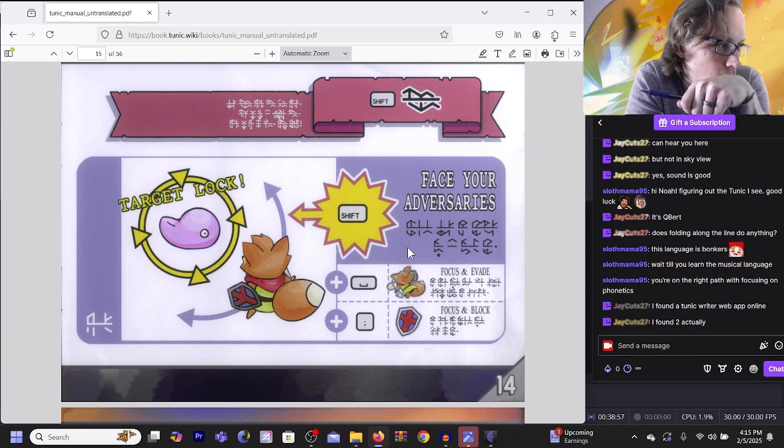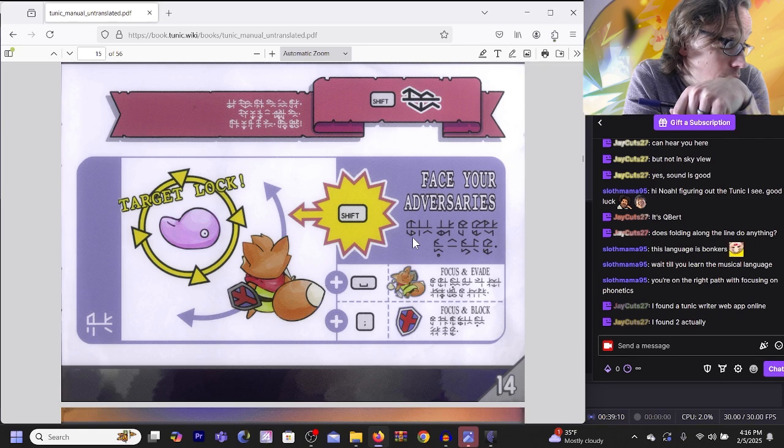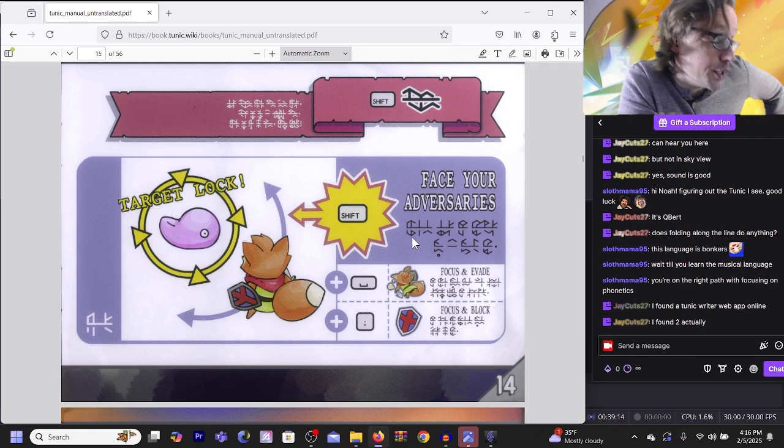So what do we think these words mean? Because we think this is LD. So maybe this is hold? That could be the word hold.